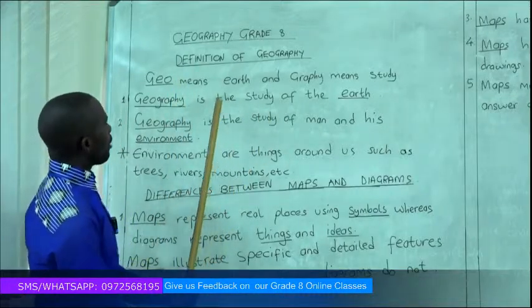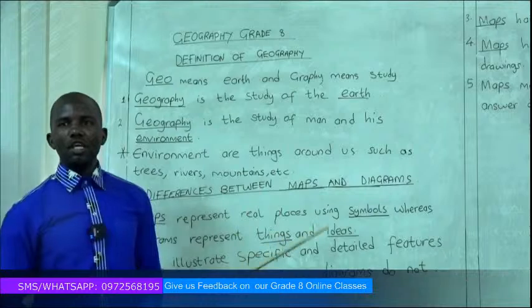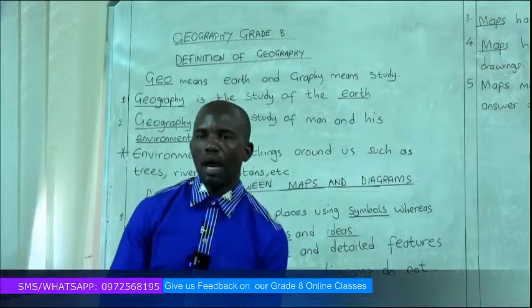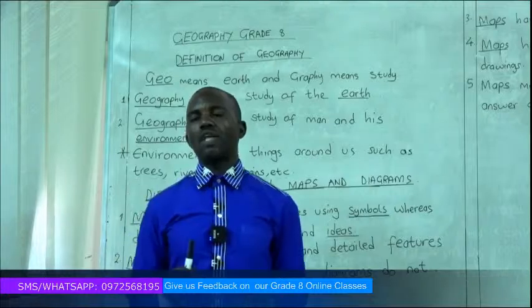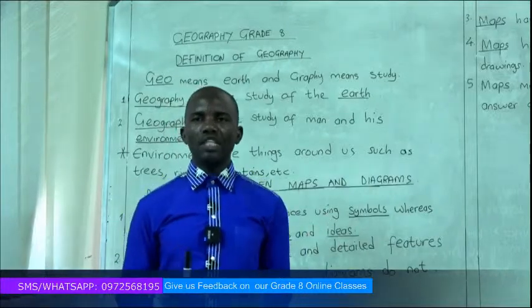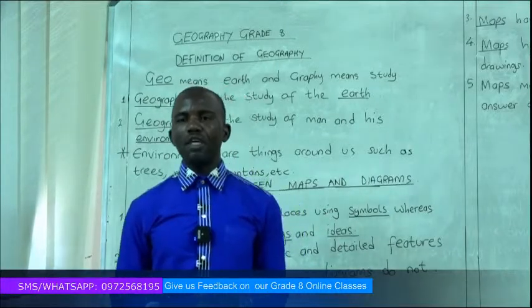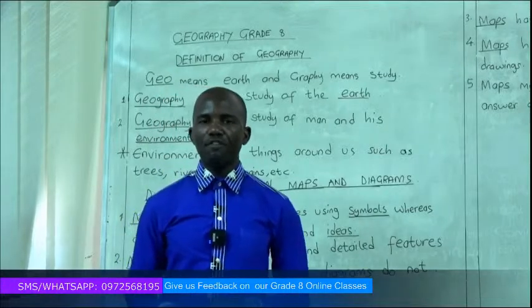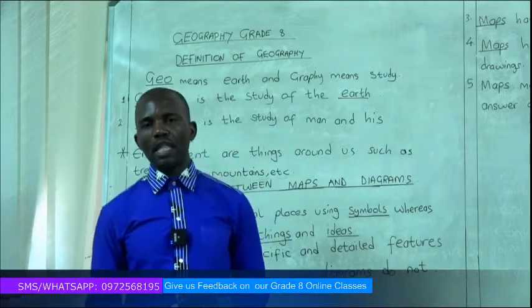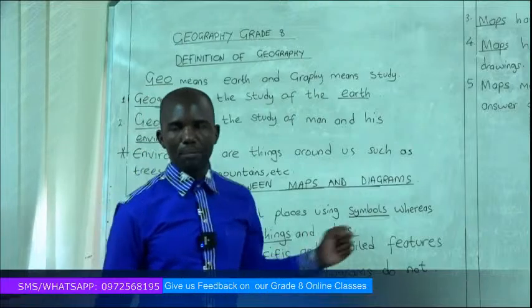What does the word graphy mean? The word graphy means study. Now, you and I today are going to combine the two words so that we form the meaning of the word geography. So, geography is the study of the earth. That is definition number one.